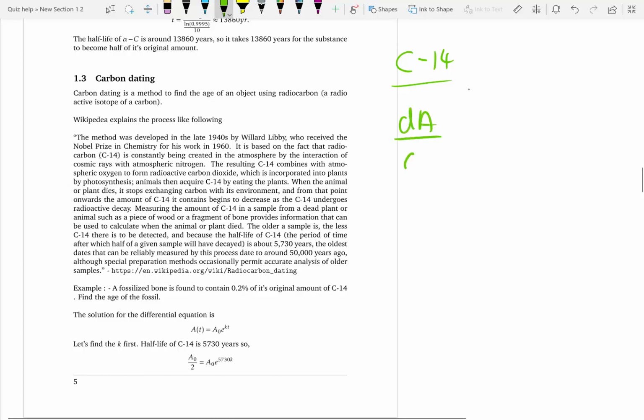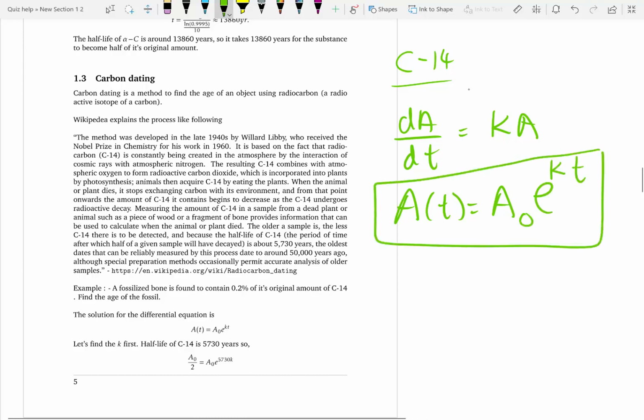dA/dt = kA, where the decay rate is k, and we saw that the solution to the differential equation is the initial amount times e^(kt). Now, we are specifically interested in C14. Scientists and mathematicians have found that the half-life of C14 is 5,730 years.